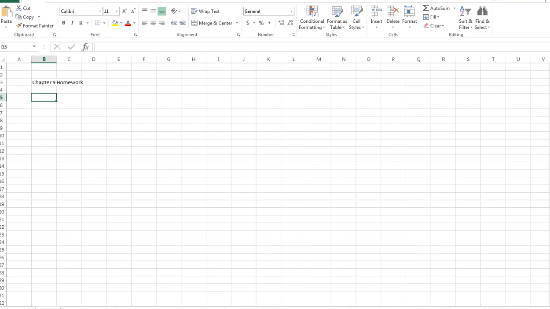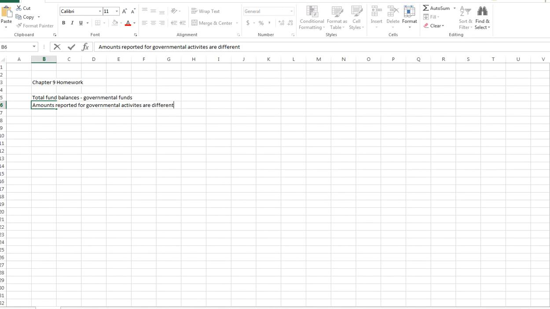And so in order to do that reconciliation, and you have examples in your book, you're going to start with your total fund balances of your governmental funds. And then you'll look at your amounts reported. In just a second, I'll give you a page number. Amounts reported for governmental activities are different.